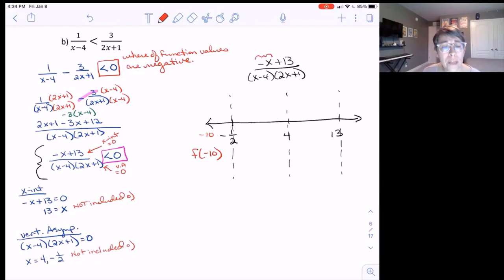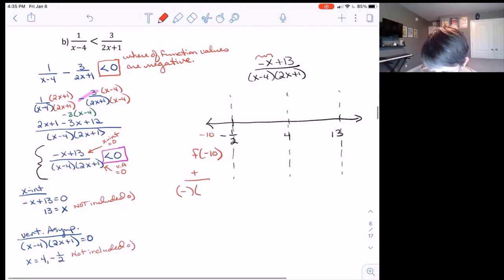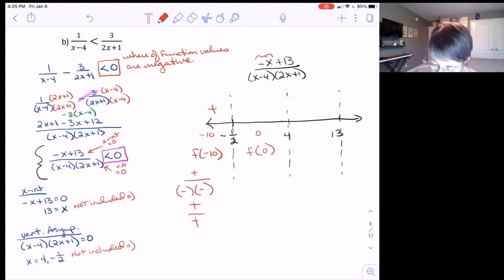So if our x is negative 10, that's going to give us a positive 10 plus 13, which is a positive number, over negative 10 minus 4 is negative, times negative 20 minus 1, that's negative. So that gives me a positive over positive. Then between negative 1/2 and 4, I would try the point 0. So f of 0, that would give us a positive on top. 0 minus 4 is a negative, and 0 plus 1 is a positive, so that would give us a positive over a negative, which is negative.